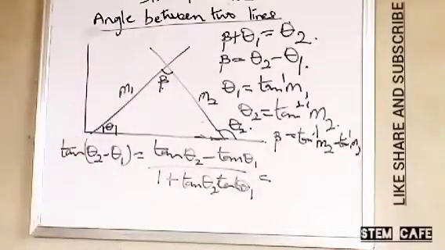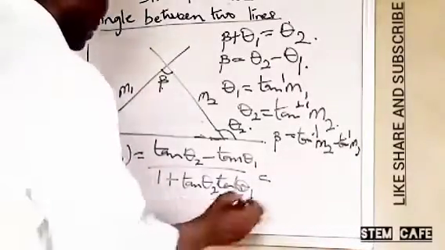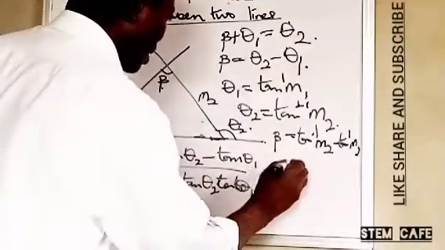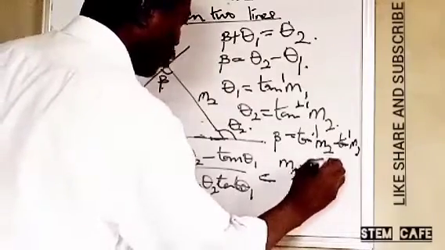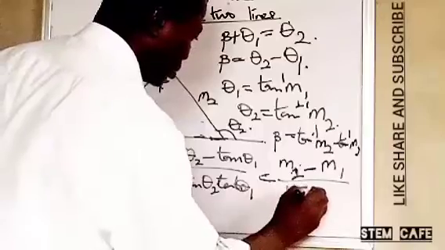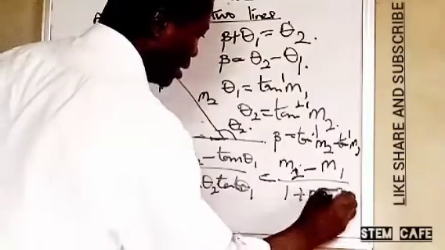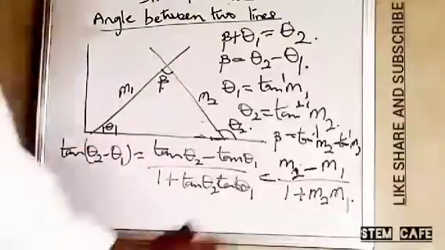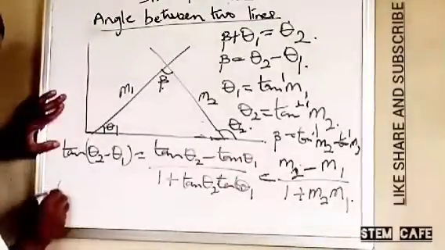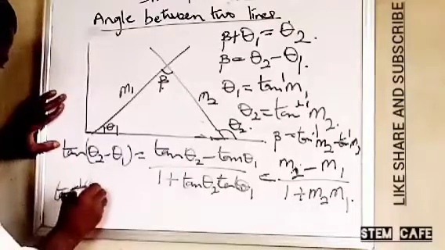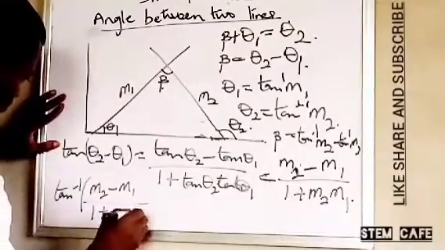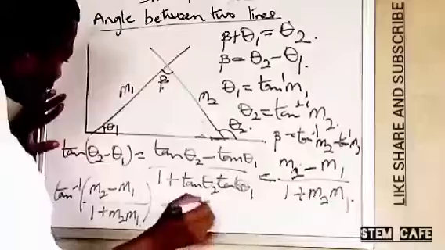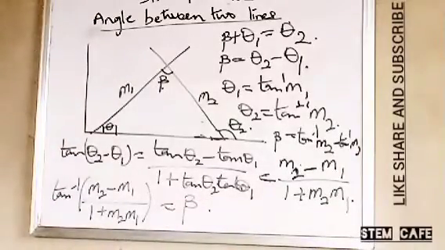So we can find that by saying (m2 minus m1) over (1 plus m2 m1). The arctan of this is going to give us our angle between the two intersecting lines.